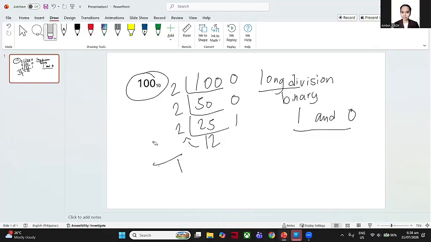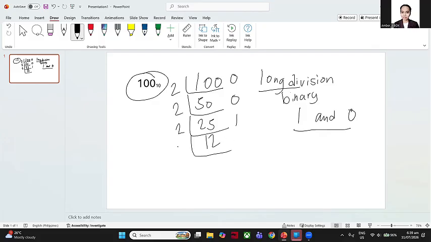Make a reminder that if you want to check the remainder, you need to subtract the product of 12 times 2.